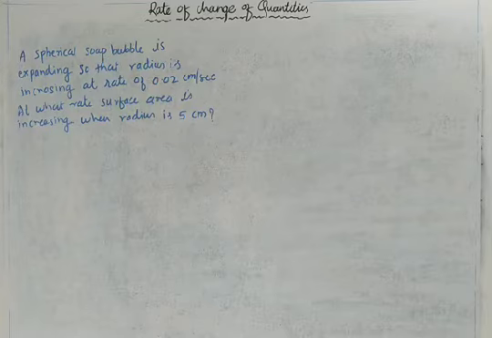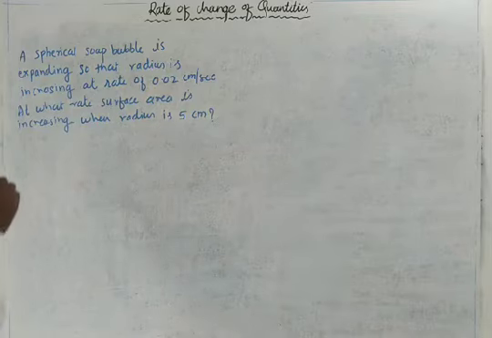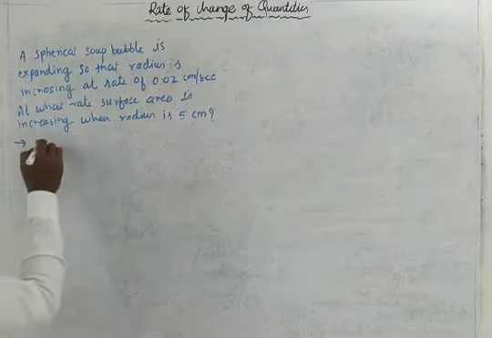It means the spherical bubble has a surface area, and that surface area is changing as time passes. So they provided us the rate of change in radius, that is dr by dt is given. So in this example, first we have to clear what the surface area is.